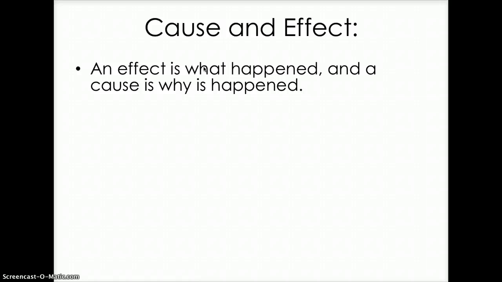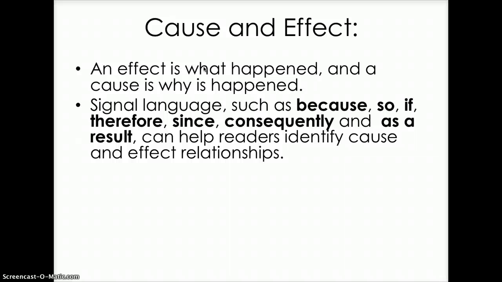So just to review, okay, an effect is what happened, and the cause is why it happened. And it's very important that we understand that things do not happen in a vacuum. They don't happen just because, okay? Signal language such as because, so, if, therefore, since, consequently, and as a result can help readers identify cause and effect relationships.